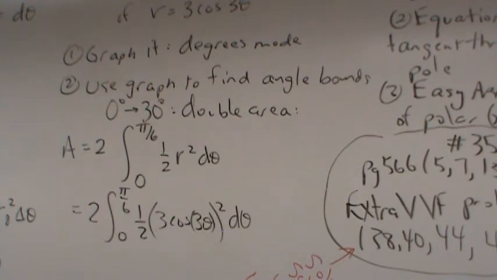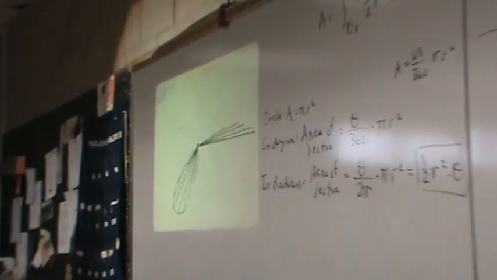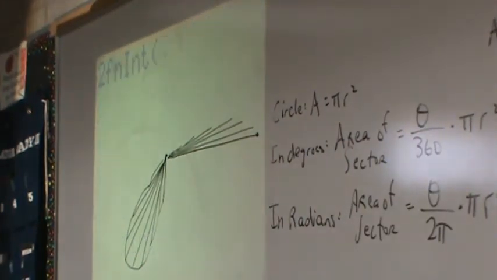Make sure you're in radians mode. You see how I was in degrees mode? I'm going to have to go to radians mode now. And so now I got 2 times the integral of 0.5 times parentheses 3 cosine 3 theta squared. So Shane, if you plug in x for theta, will it be the same?